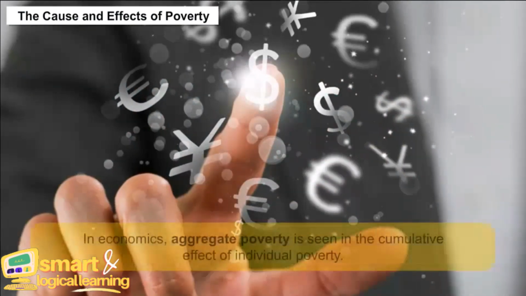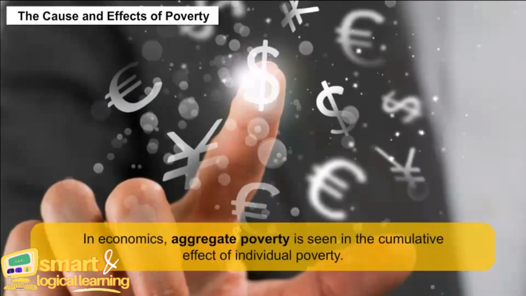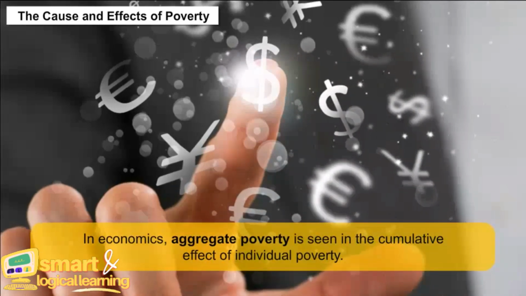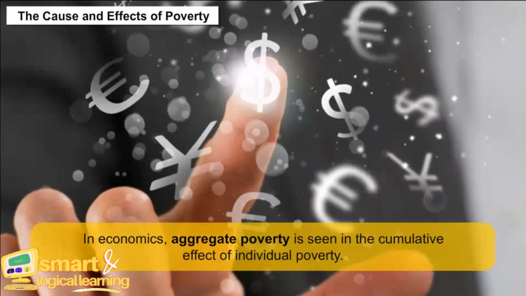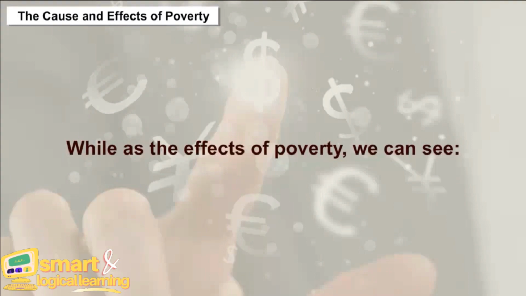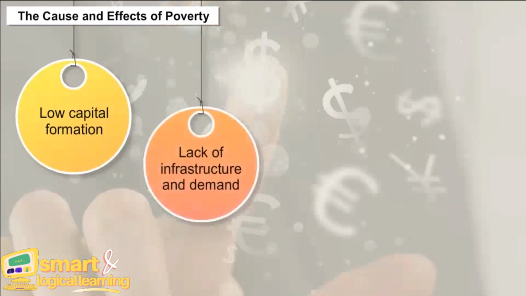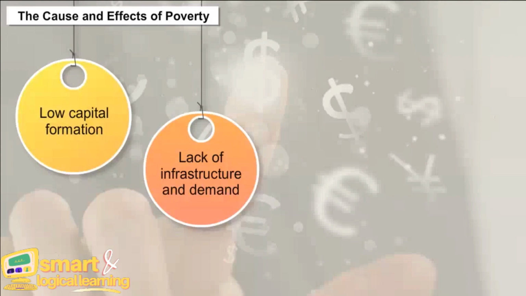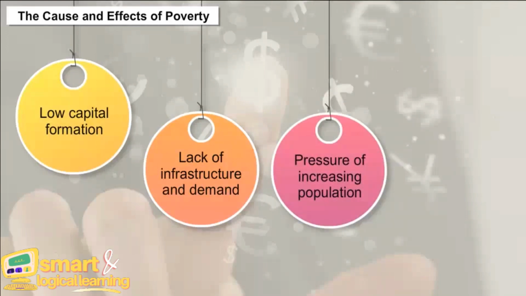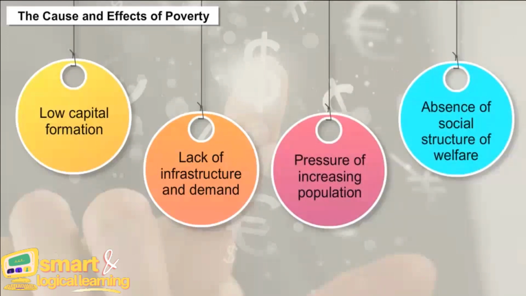In economics, aggregate poverty is seen as the cumulative effect of individual poverty. As for the effects of poverty, we can see low capital formation, lack of infrastructure and demand, pressure of increasing population, and absence of a social structure of welfare.